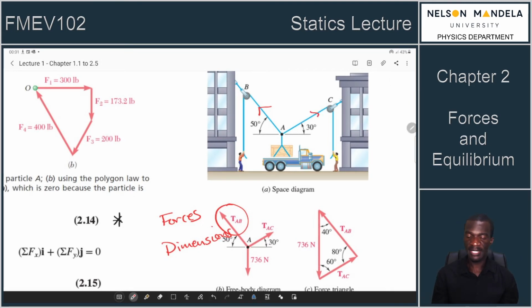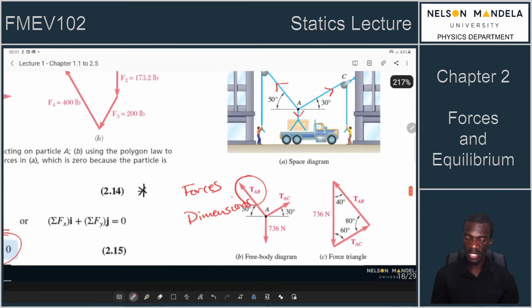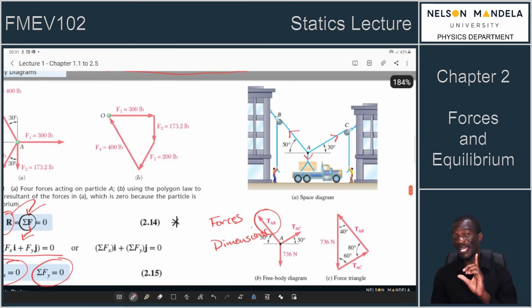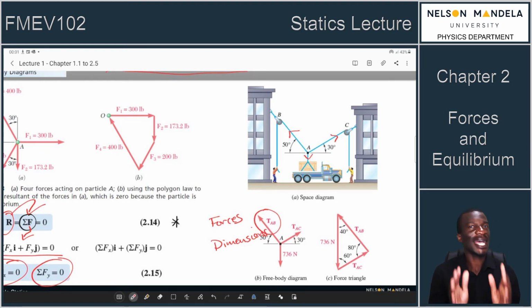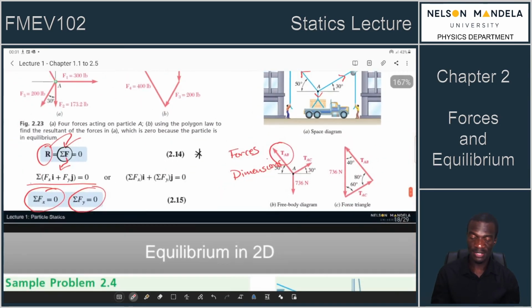The same applies to TAC, and then the weight is usually just given a W, or you can say mg. Basically, always remember now in statics, if you are dealing with weight and the question is in the imperial system of measurement, you do not write mg, because the weight is written as a force. So you are immediately writing the force in pounds. That's an important thing that you need to remember.